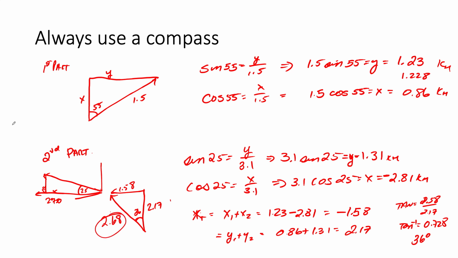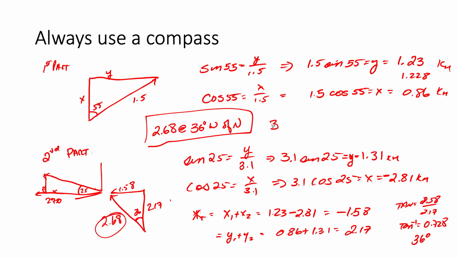So my resultant is 2.68 at 36 degrees west of north. Or if you want to figure out the actual compass heading, you take 360 minus 36, or 324 degrees. And that is how you answer that problem.